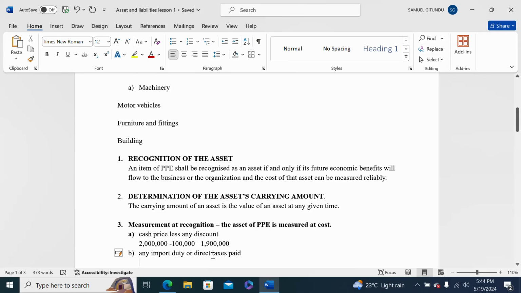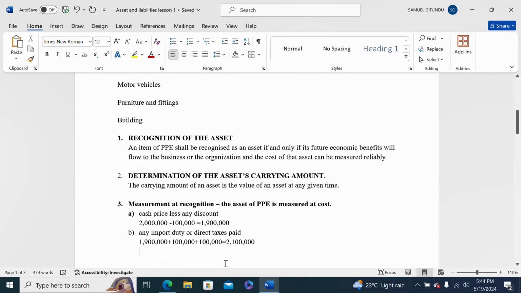So if you have paid an import duty of 100,000 and then you have paid direct tax such as VAT of 100,000, so now the cost of your machinery has increased from 1.9 to 2.1 million, or 2,100,000.